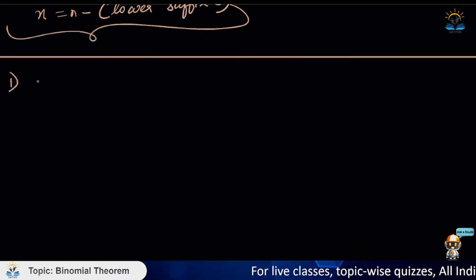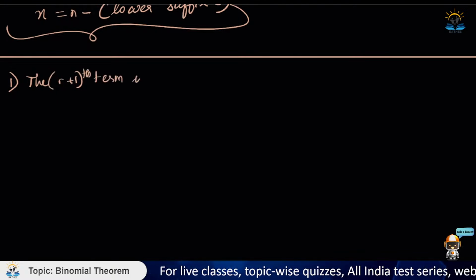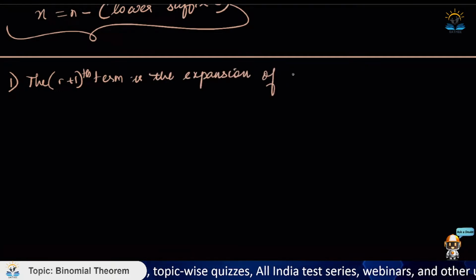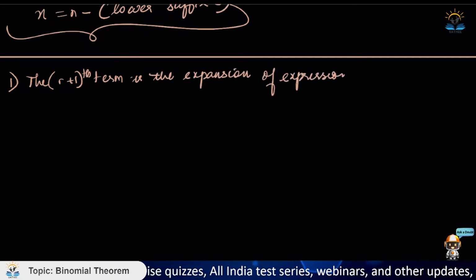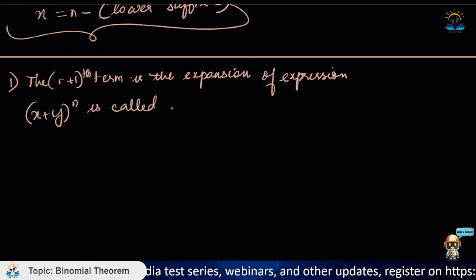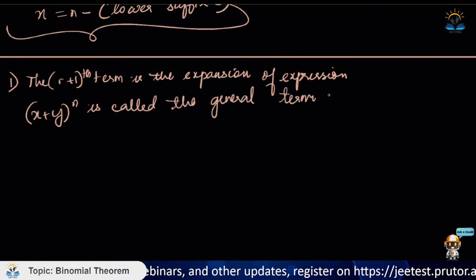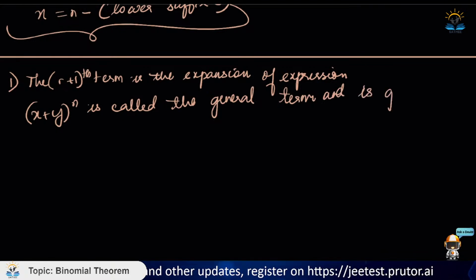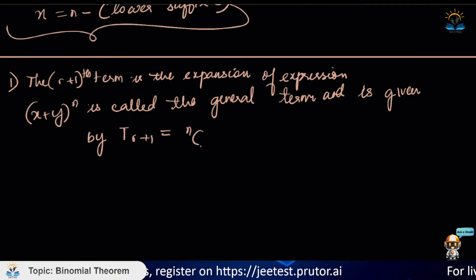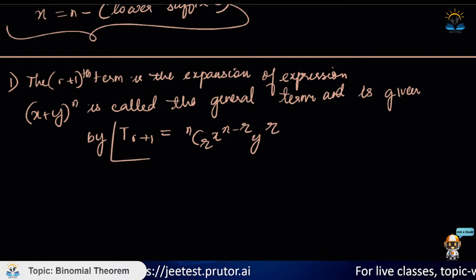So now the (r+1)th term in the expansion of the expression (x + y)^n is called the general term, and is given by T(r+1) = nCr x^(n-r) y^r. Okay, so this is how we will have to know.